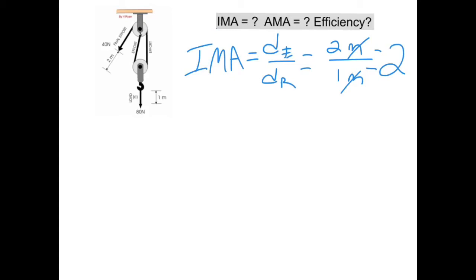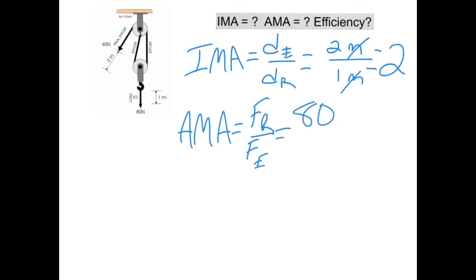Alright, so to find my AMA, I know that AMA equals force resistance over force effort. And that equals 80 newtons over 40 newtons. Right, so that's going to be 2.